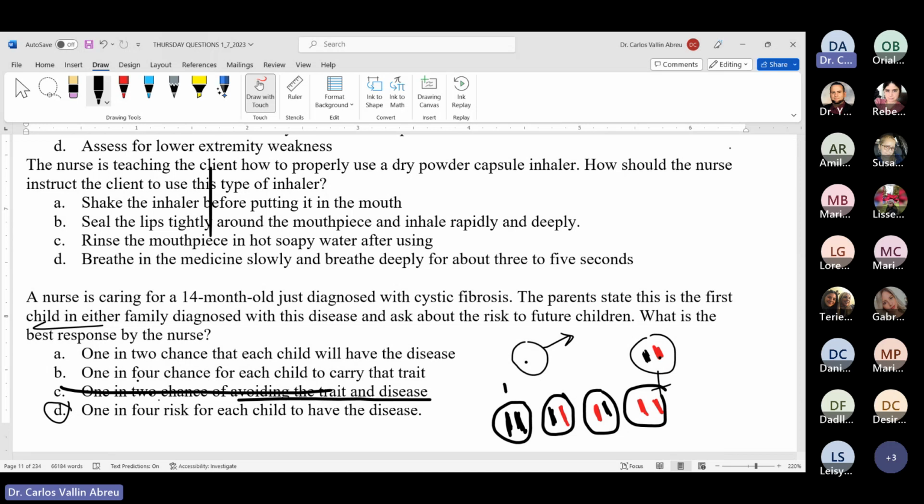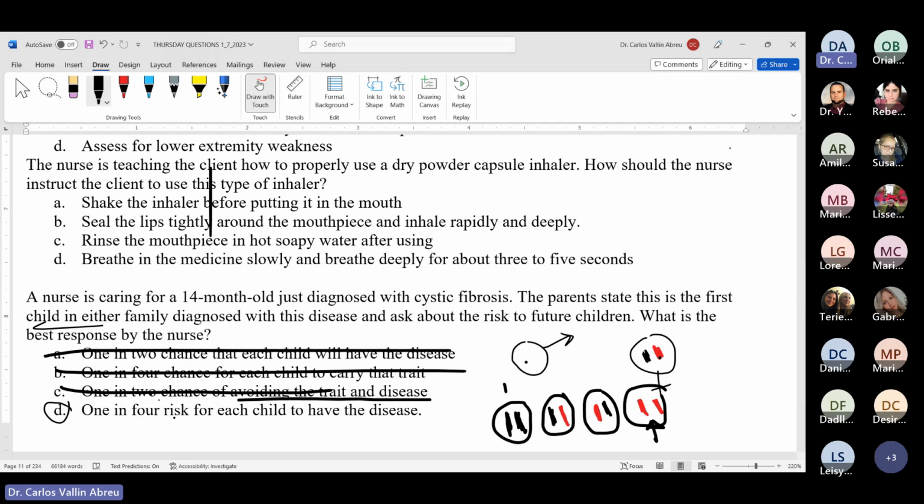B, 1 in 4 chance for each child to carry the trait. No. To carry the trait is 3 in 4. 2 are just carrying, one is suffering the disease. So no, it is wrong. The option of 1 in 2 chance for each child to have the disease? No, it's 1. Only this guy will suffer the disease. 1 in 4, not 1 in 2.